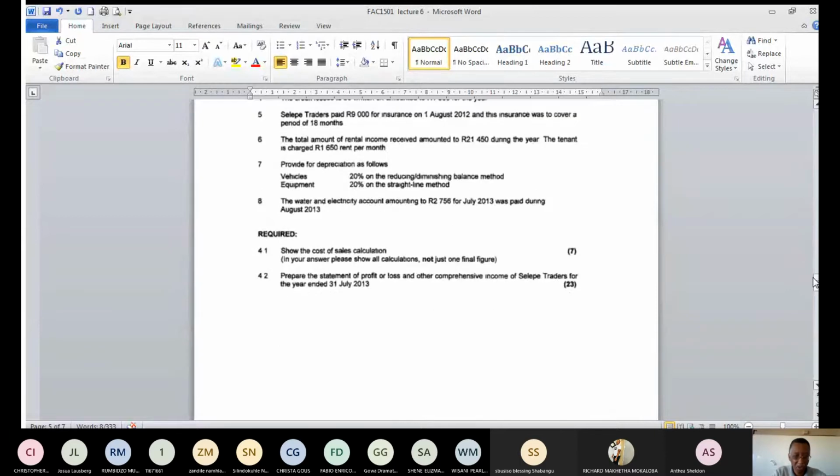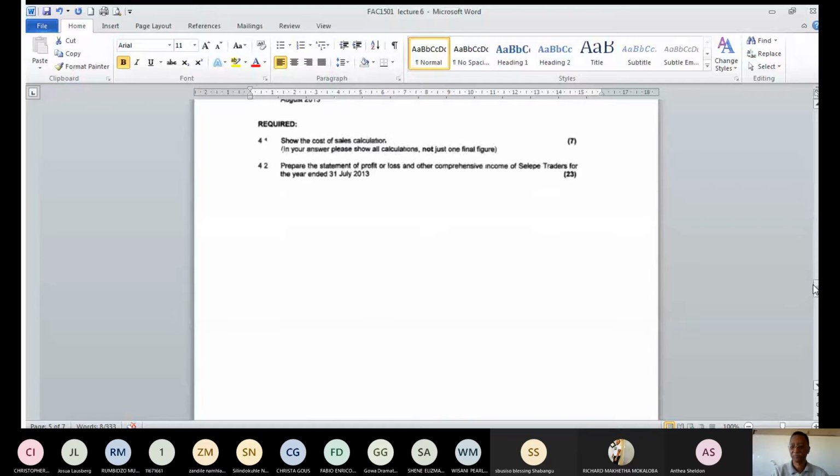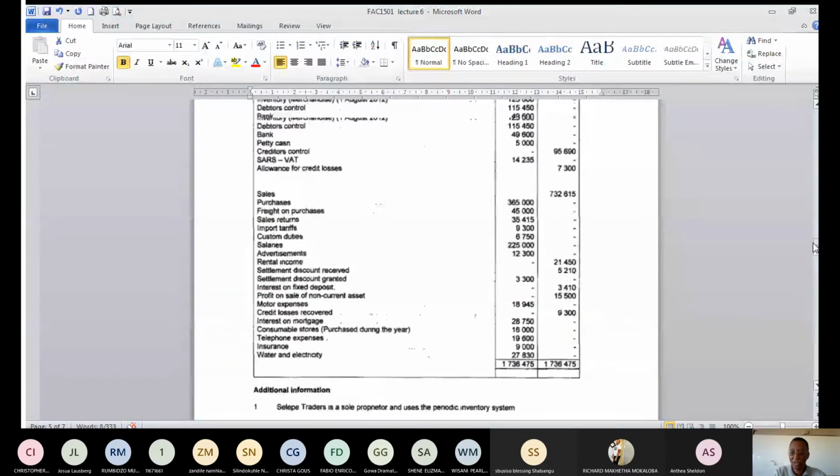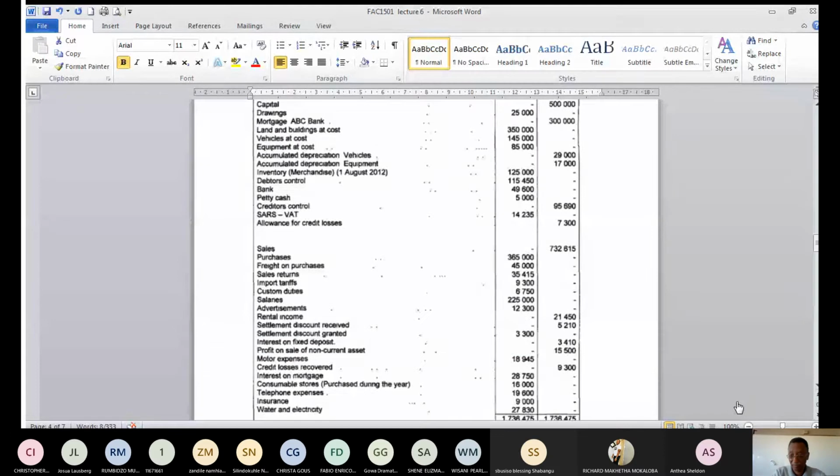And then they ask you under 4.1, show the cost of sales calculation. And under 4.2, they ask you to complete the statement of profit or loss and other comprehensive income. So we must do the financial statements over there.